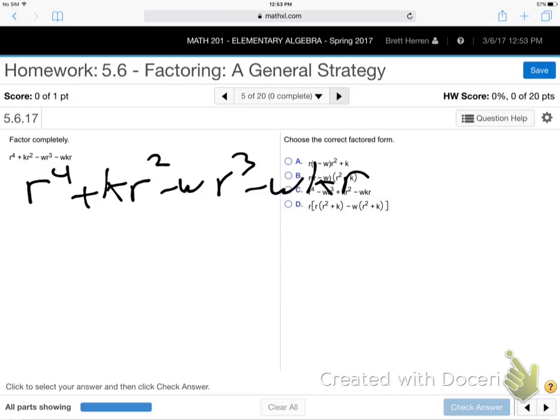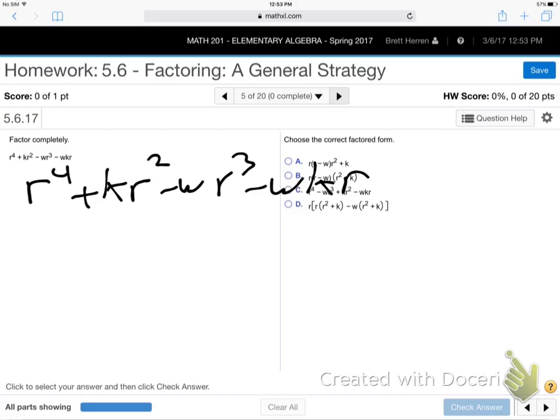No, we don't reorder four termers. The only ones we reorder are three termers. Good clarifying question. Only for three termers do you have to worry about highest power to lowest. Only three terms.